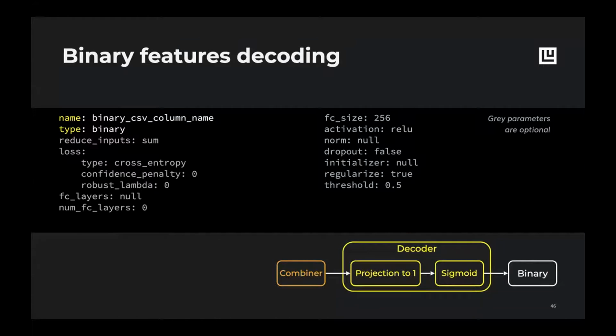When instead you use a binary output feature, the only difference is that you also do a sigmoid on top of the projection, and you can use different losses, obviously losses that are more useful for binary features, like for instance, cross entropy. And you can also set a threshold to the level that you want for the final discretization into the binary values.